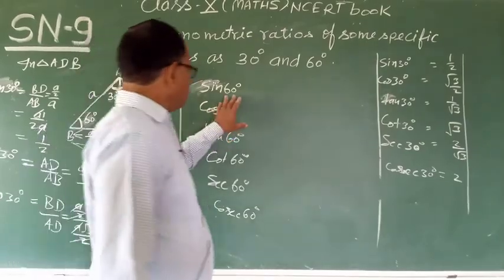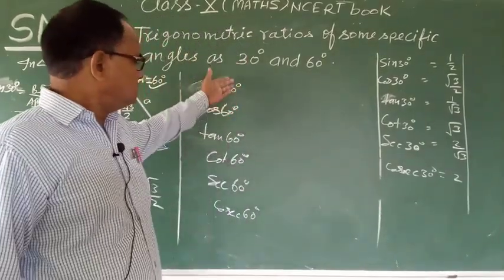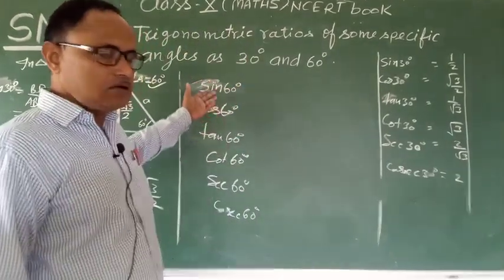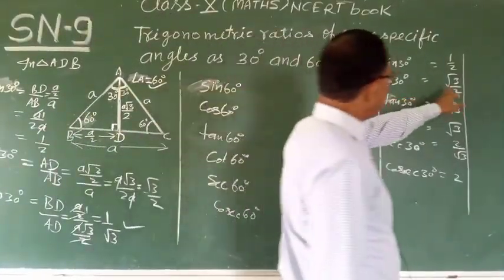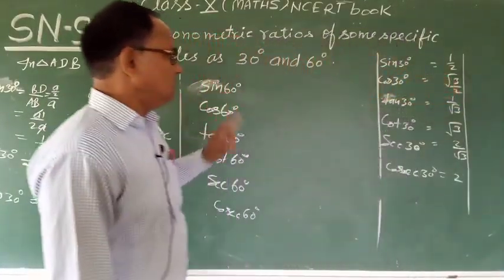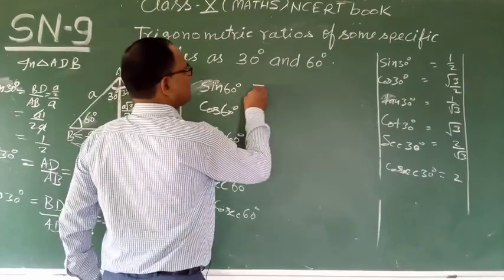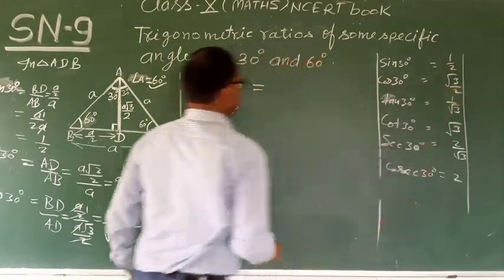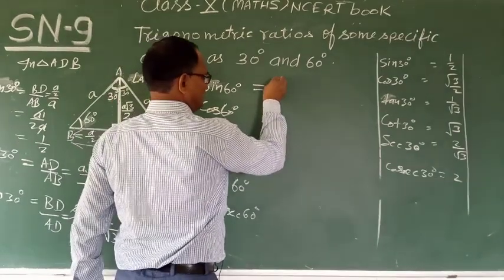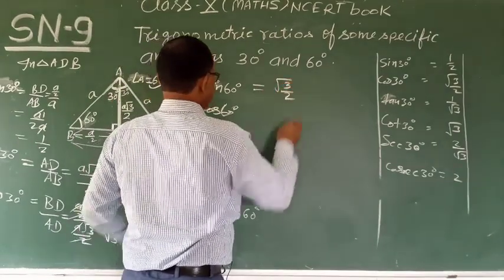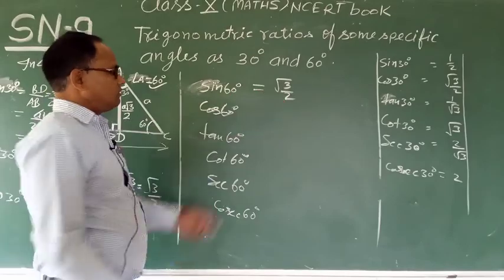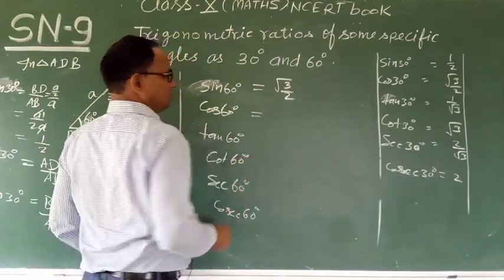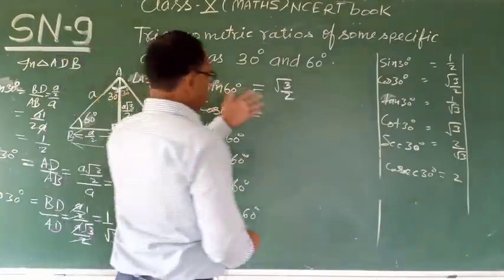The values of 60 degree in the trigonometric ratios are opposite of the 30 degree ones. Here we take this and this takes this. Here you can write sin 60 degree as root 3 by 2, and you can determine the rest of the values.